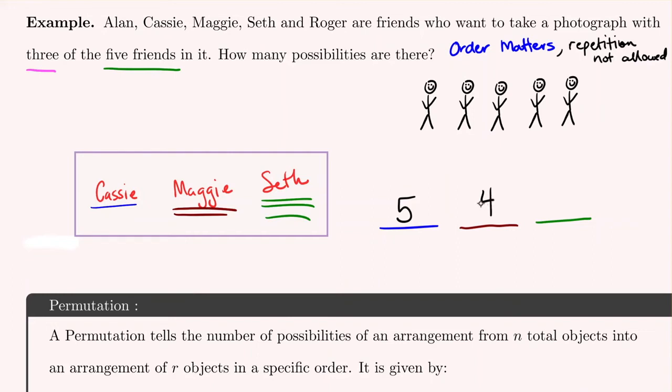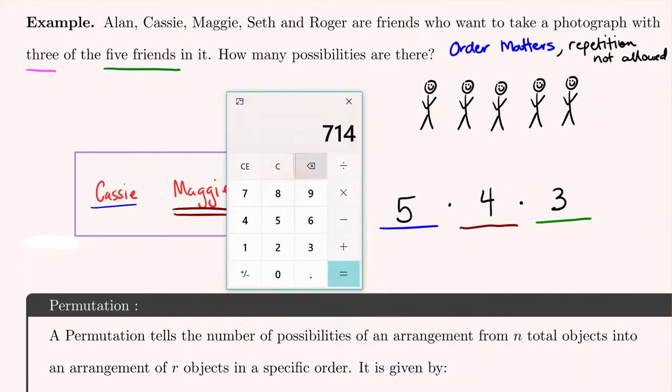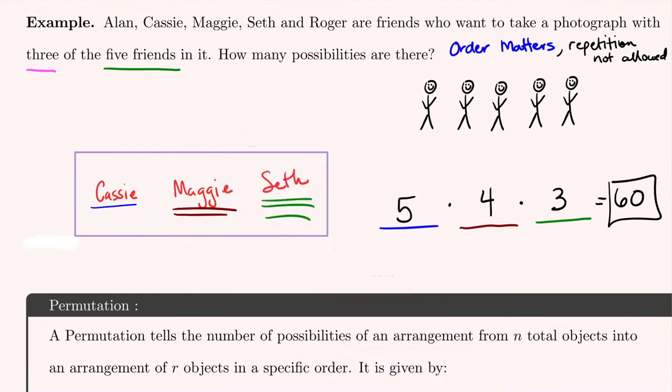And then by similar reasoning, for the last position, 2 people have already stood up, so there's only 3 remaining people that we could choose from. So this is the number of ways each step could occur, so the number of ways the entire process could occur could be found by multiplying those. And we would get 60 as our possibility. There are 60 different ways we could create a photograph from the 5 friends if only 3 of the friends are in the photo.